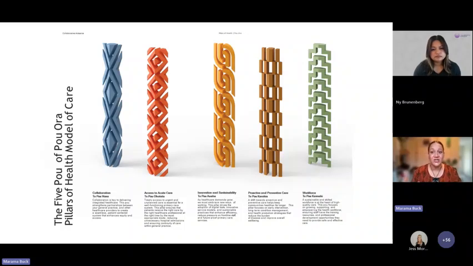The 5 Pou are the next iteration of the Healthcare Home domains. We've included 2 new domains, which are workforce and collaboration. We also needed to ensure that we have a huge focus on innovative, up-to-date digital resources and tools that are available now that weren't available when Healthcare Home was being built.